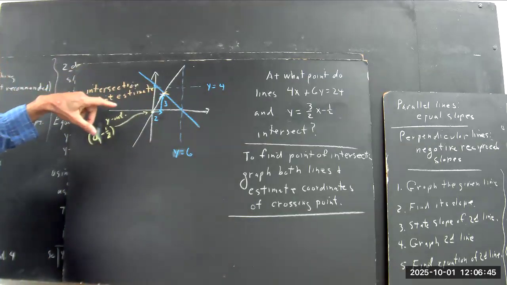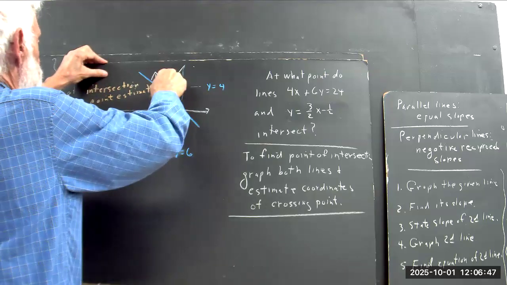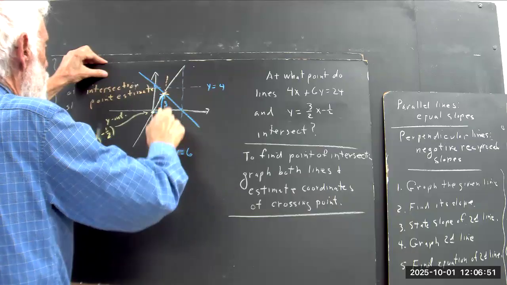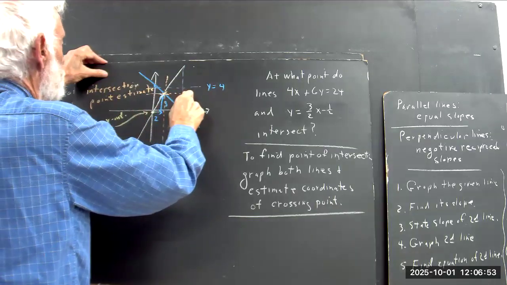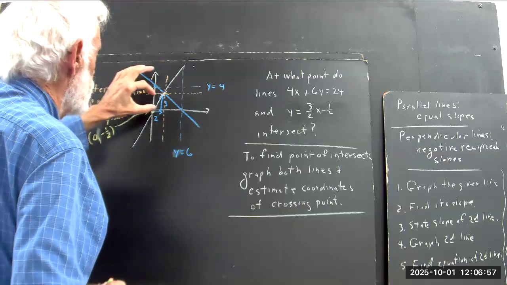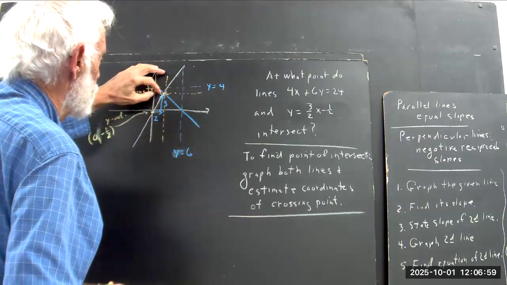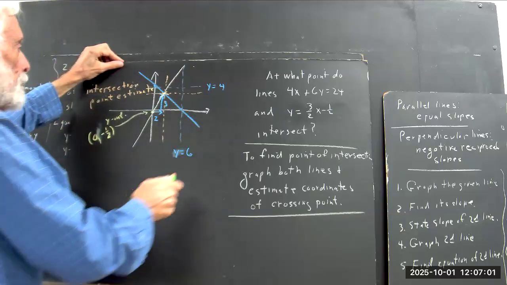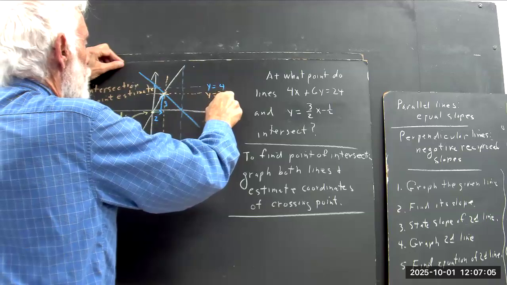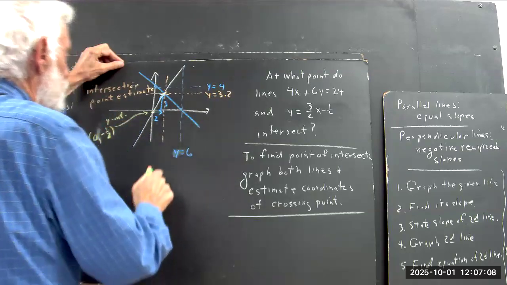Our intersection point estimate, well, let's just draw a vertical line and a horizontal line. Okay, now if this is 3, the point of intersection is a little higher than 3. So let's say y equals 3.2.